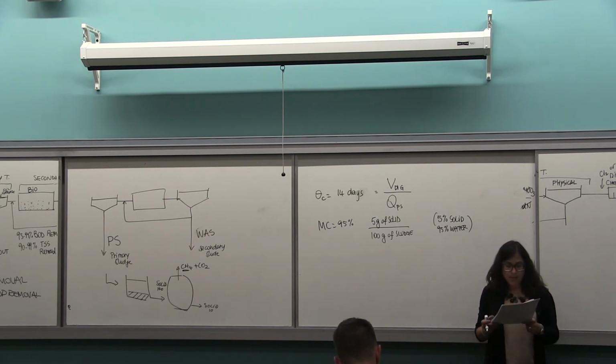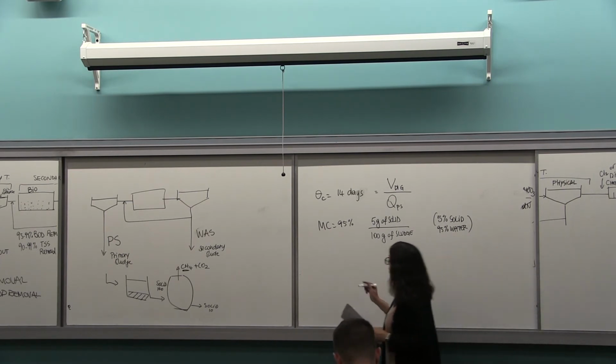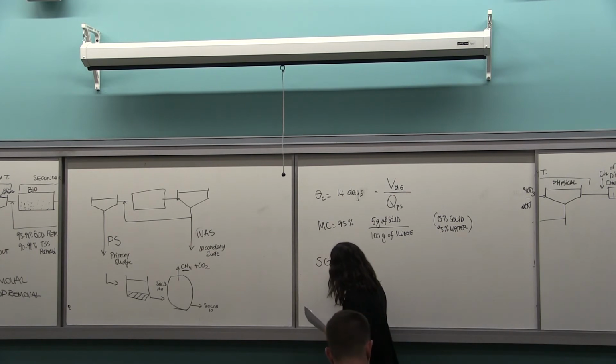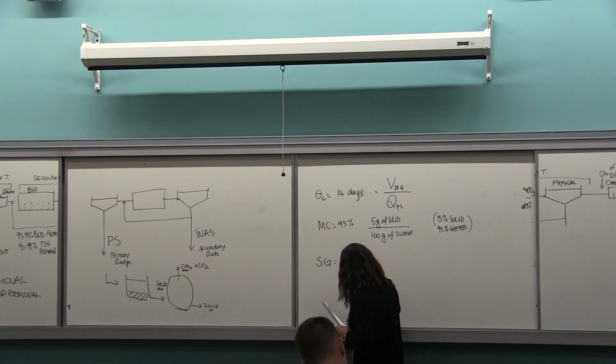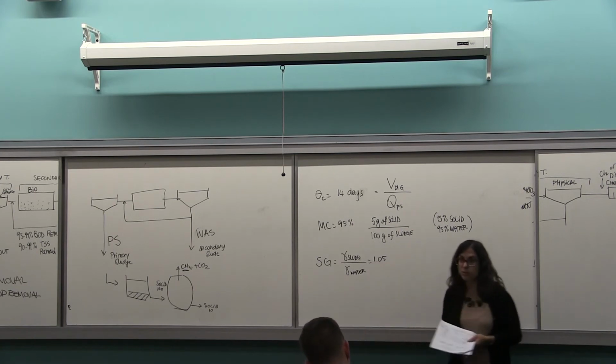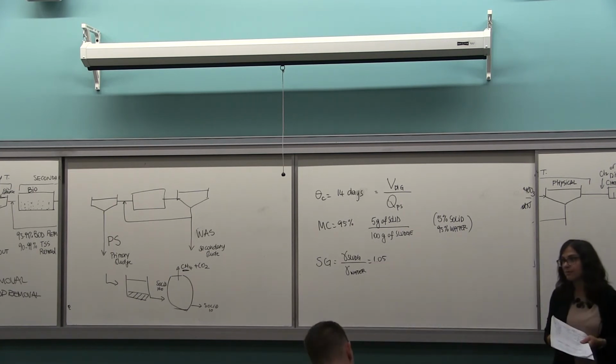All right. The specific gravity of the sludge is 1.05. Very similar to the specific gravity of water, right?